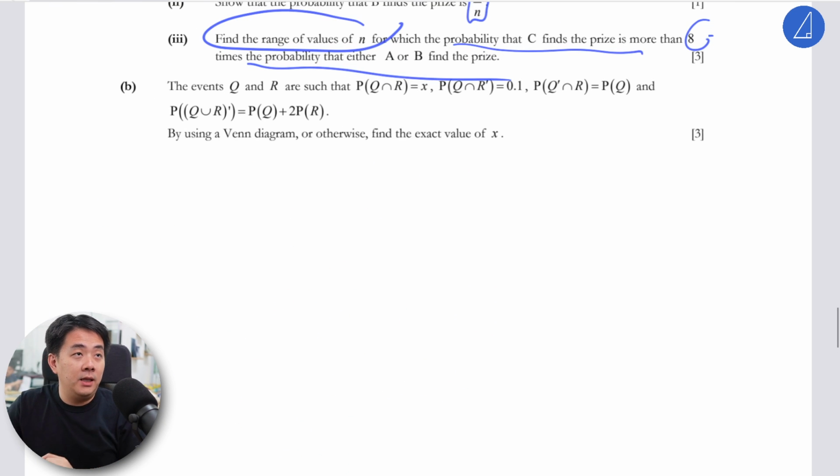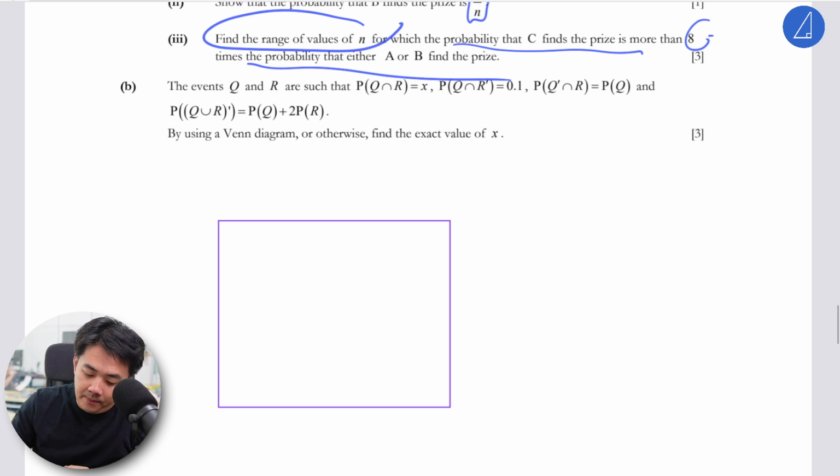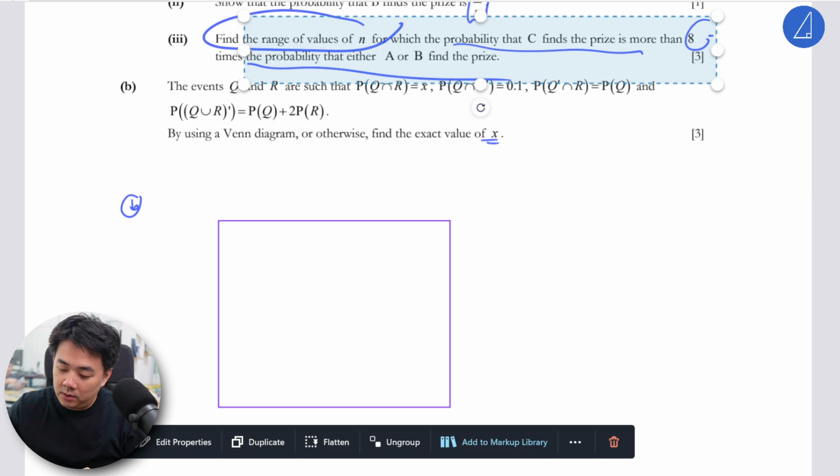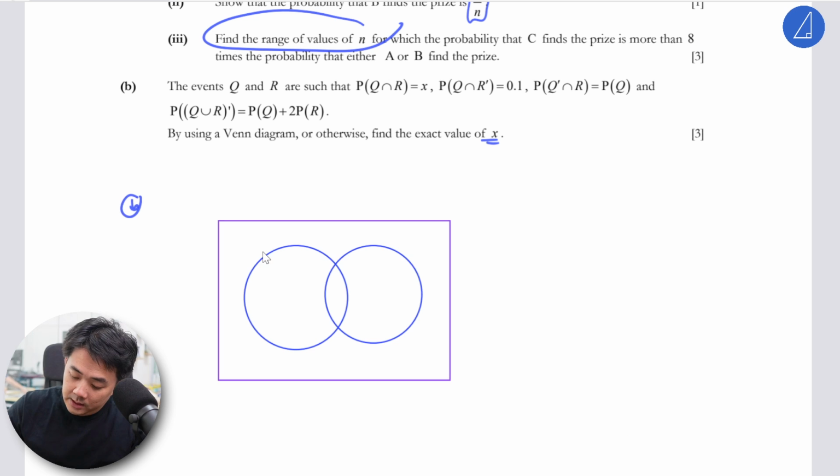So for part B, I think there is too much going on. I think we'll just draw the Venn diagram and label everything out. So to solve for x, if Q and R, I'm just gonna draw the Venn diagram out. This guy will be Q and R, and this is a universal set. So Q intersect R is x, so I'm gonna put x here.